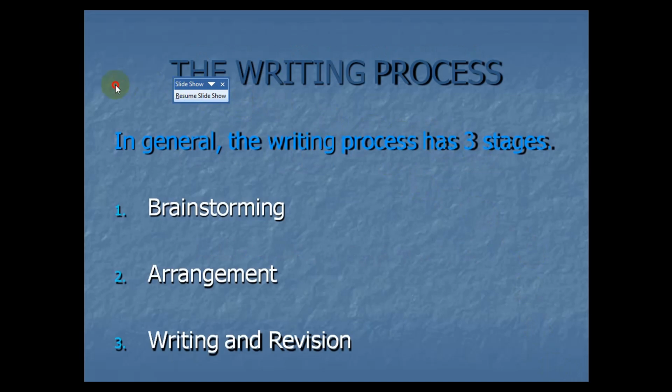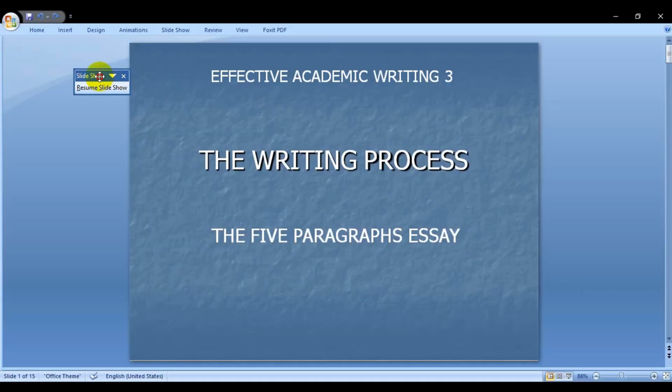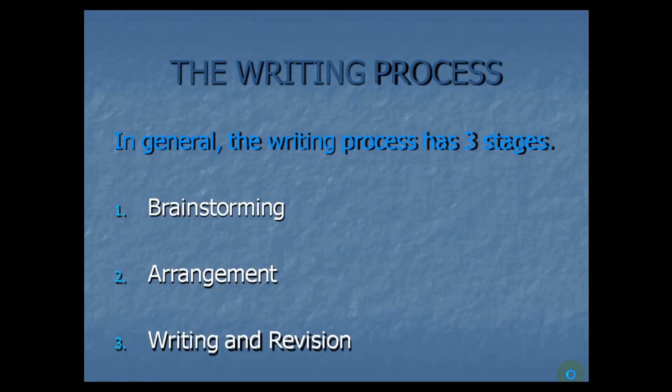Okay, so let's talk about the general writing process. In the general writing process, we usually have 3 key stages. Stage number 1 is called brainstorming, where you try to get more and more ideas out about one particular topic which you are going to write about.